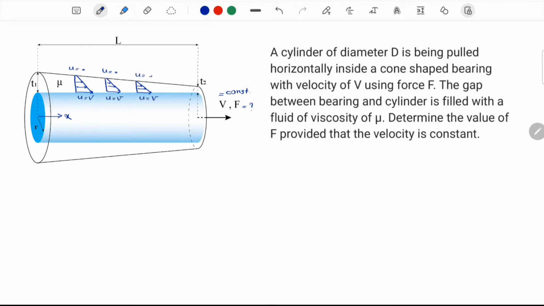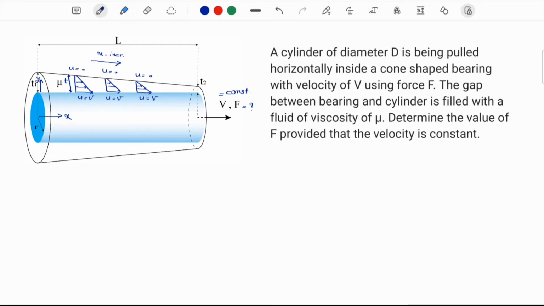But the gap, this is the gap, I call it t, the general gap, is decreasing as x increases. I call the y direction from the surface of the cylinder.